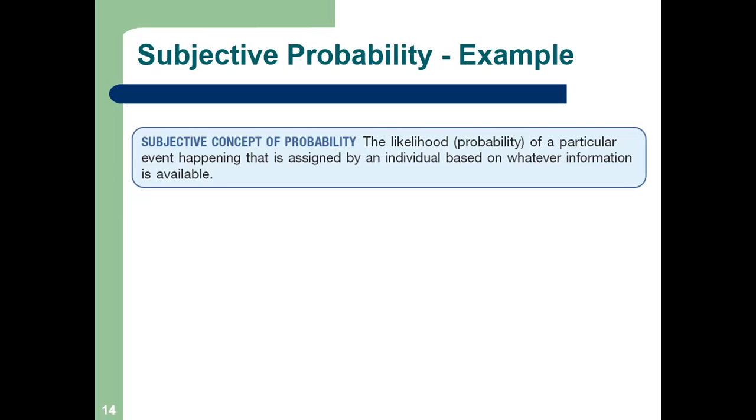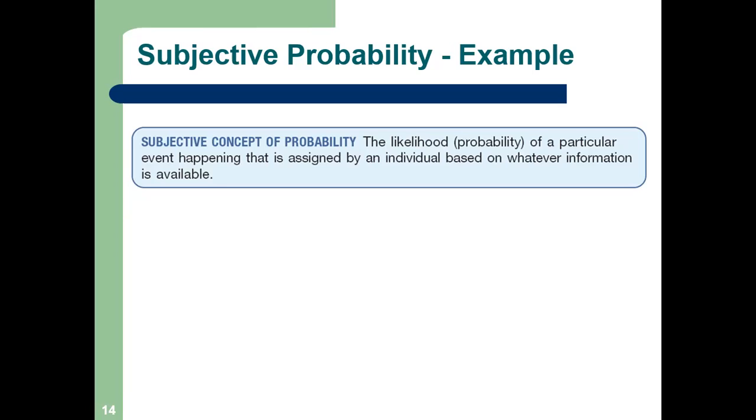Empirical is based on past data, the number of times an event happened previously, and the classical approach of probability is the number of favorable outcomes divided by total outcomes. This approach is a little bit different from those.